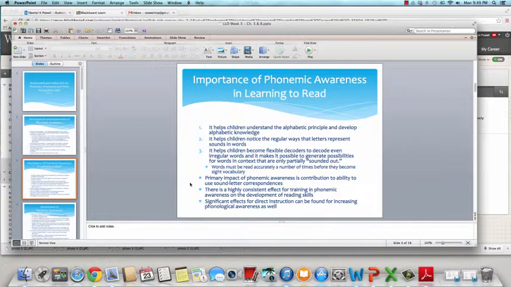There's a highly consistent effect for training in phonemic awareness on the development of reading skills. So essentially, how well does phonemic awareness aid in developing reading and helping children learn how to read? Across studies, and they have used meta-analyses to examine whenever they had taught phonemic awareness or phonological awareness, what the outcomes for reading were.